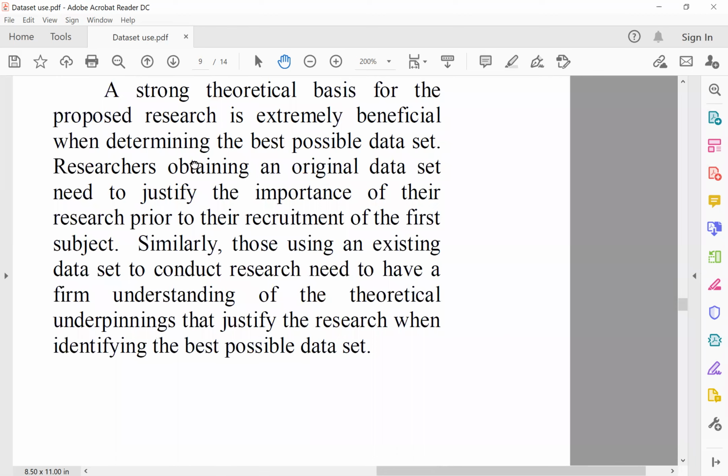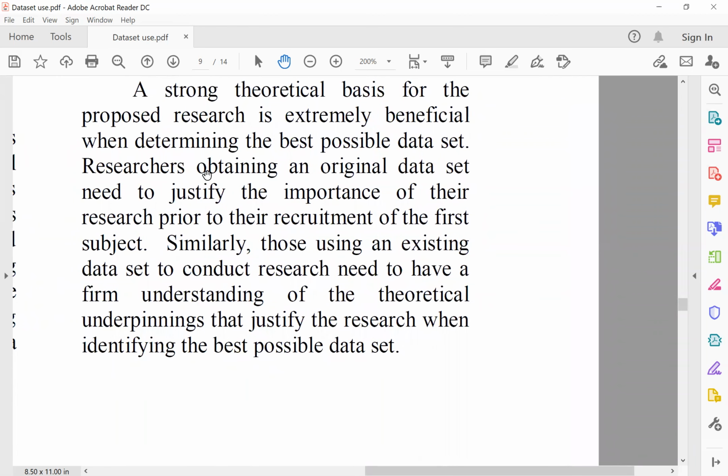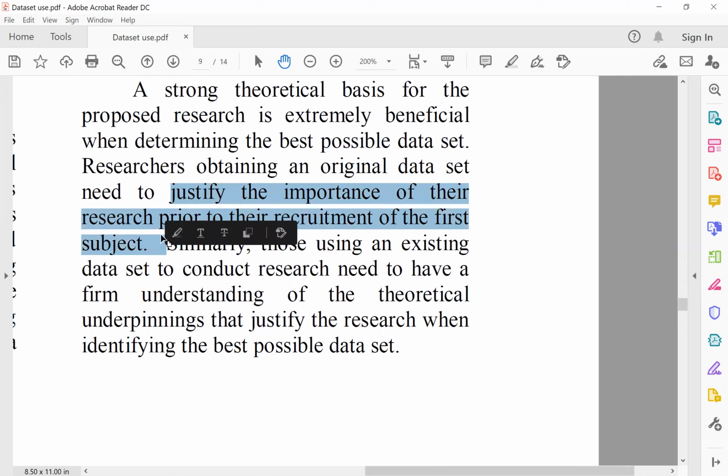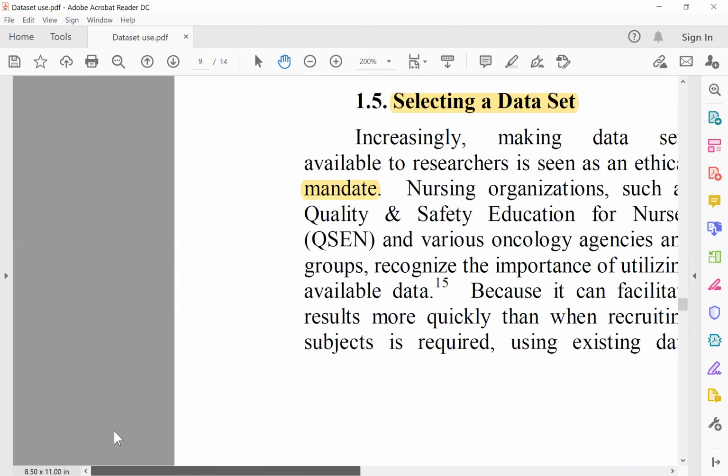Researchers obtaining an original dataset need to justify the importance of their research prior to their recruitment of the first subject. Similarly, those using an existing dataset need to have a firm understanding of the theoretical underpinnings that justify the research when identifying the best possible dataset.